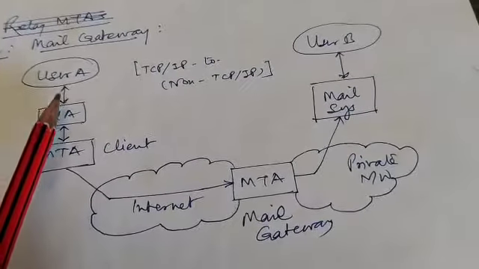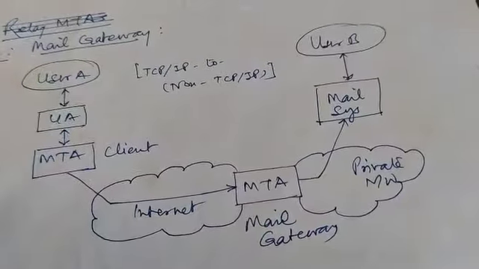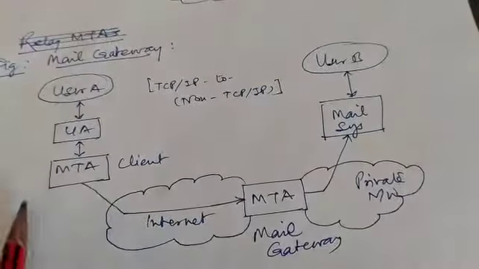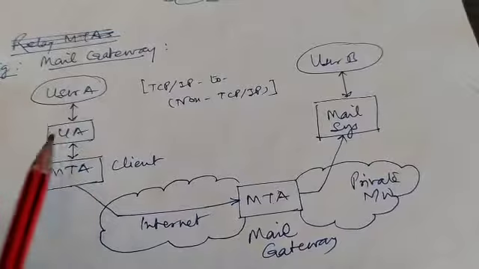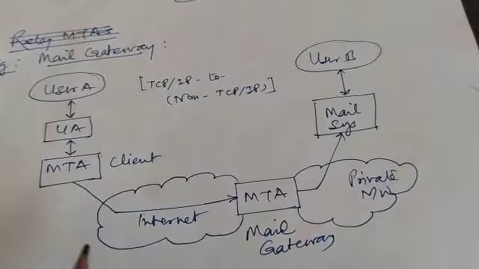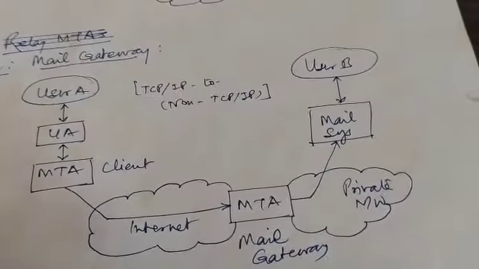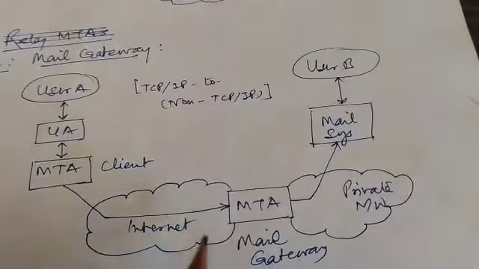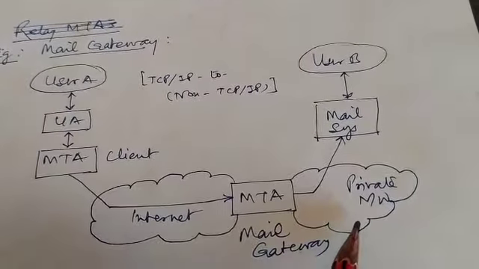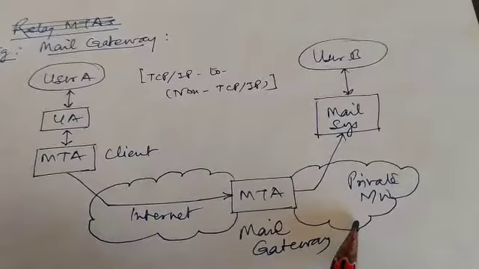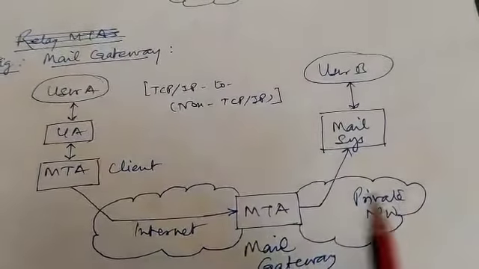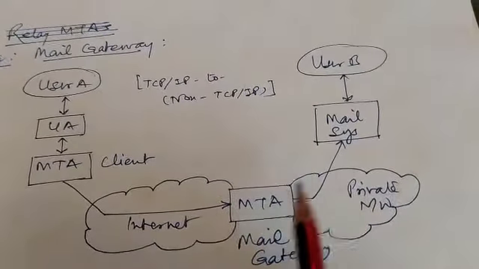So in this diagram it can be seen that this part is same as what we have discussed earlier: user A, UA, MTA client, MTA, and the internet. Now on this side there is a non-TCP/IP network, this private network.